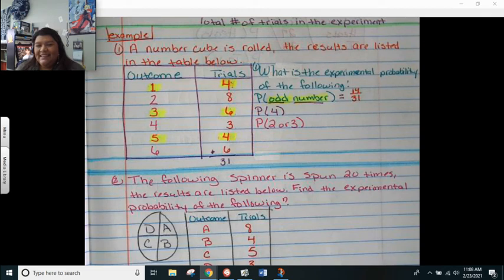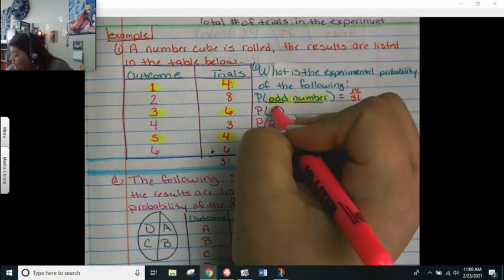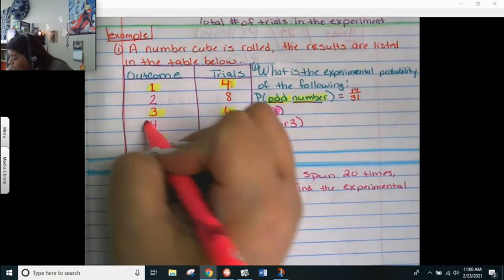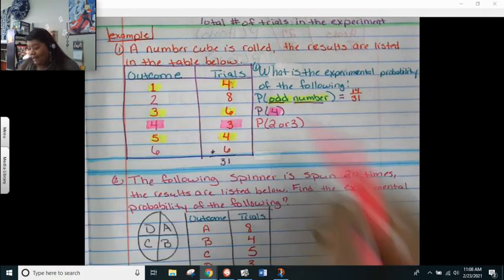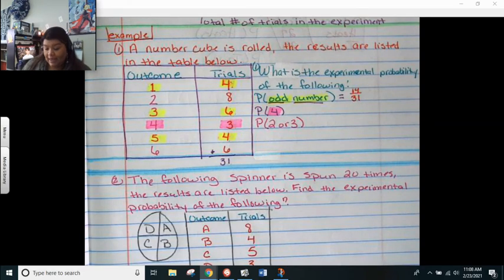So experimental probability, the numbers are there for you to look at. And your data is right there. So let's take a look at the next one. Here they want the probability of a 4. I'll use pink. They want you to land on a 4. Here's my 4. And I landed on the 4 3 times.